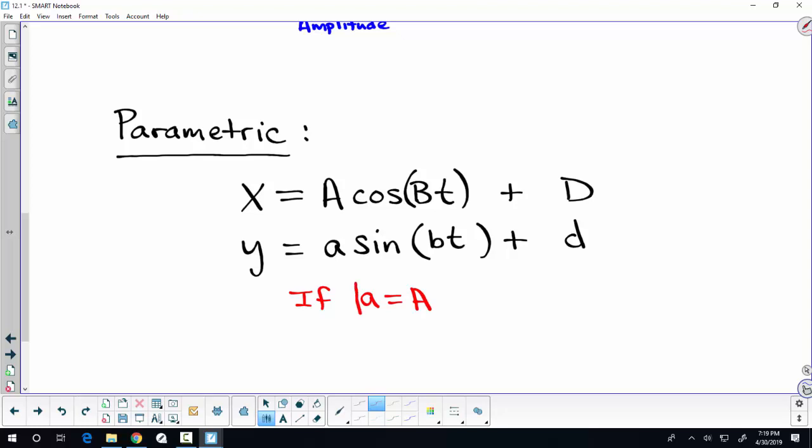I should say absolute value. As we'll see in a minute, it doesn't matter what that sign is, positive or negative. But if those two a's are the same number, then you have a circle. If A is different from lowercase a, then you've got something else. Could be an ellipse.